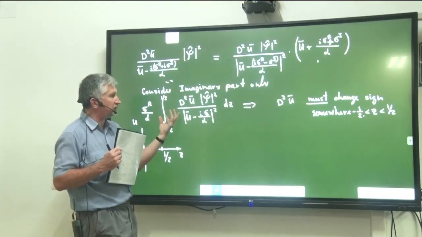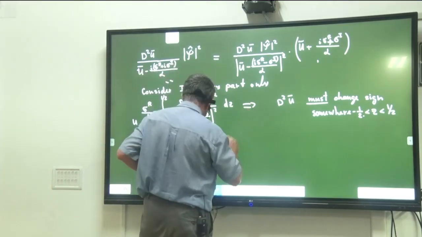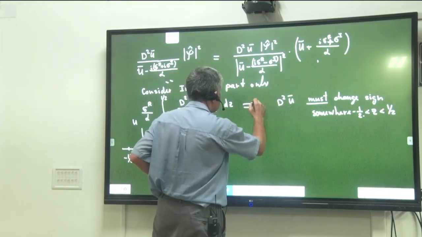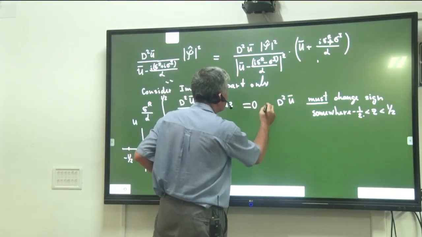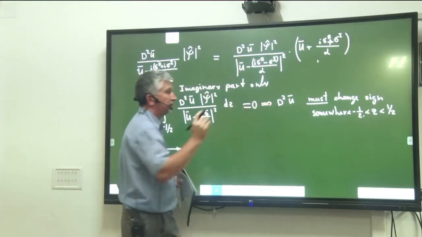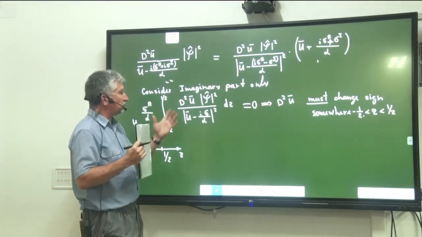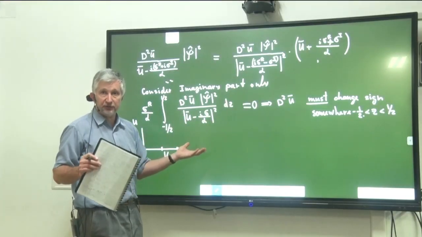So therefore, this whole thing has to be equal to what? 0. So let me modify this. Instead of having this follow the sign, I will write that this is 0. So this whole expression integrates to 0. It has to integrate to 0, otherwise we are in trouble.